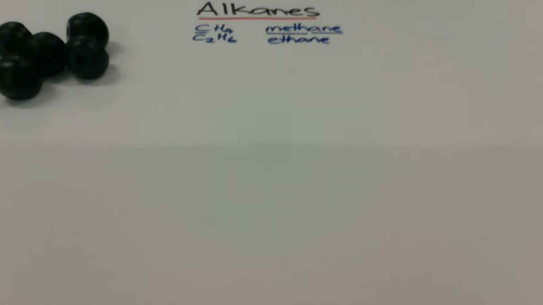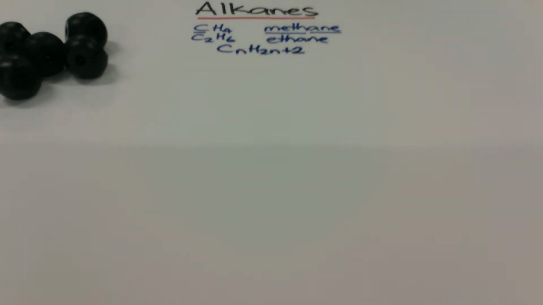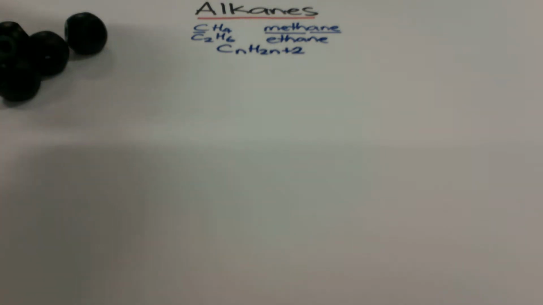All right? However, there is another way you can arrange these things so that they don't follow that general formula of CnH2n plus 2, which is what I've been using. All right? There's another way I could arrange them. I'm going to use 5 carbons to show you what I mean.